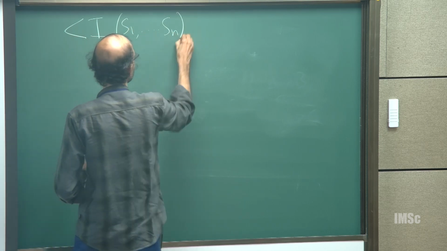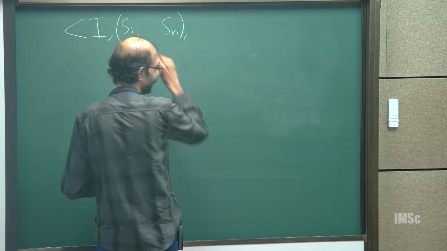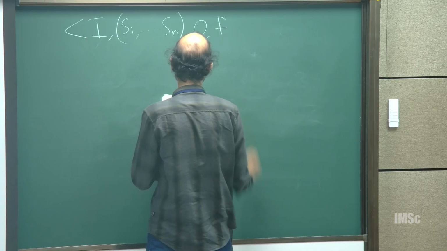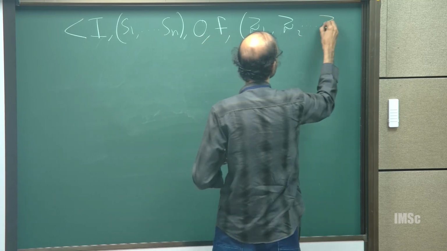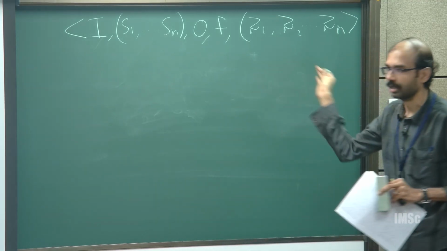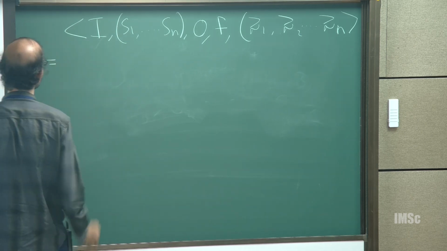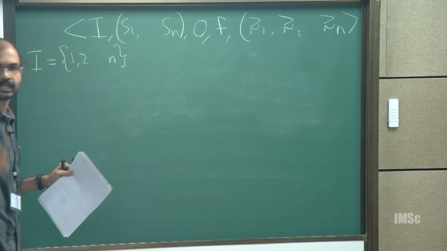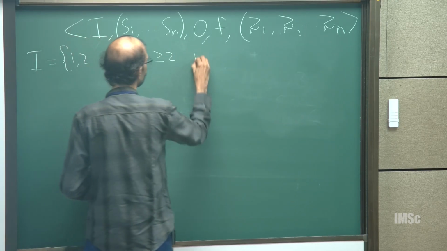The reason why I am writing this is that if you ever pick up something related to game theory, you will see this notation as a standard one across. So a game has these components, where generally I is the set of players. It could be one player? That does not happen, you need at least two. So n is at least 2, the number of players.